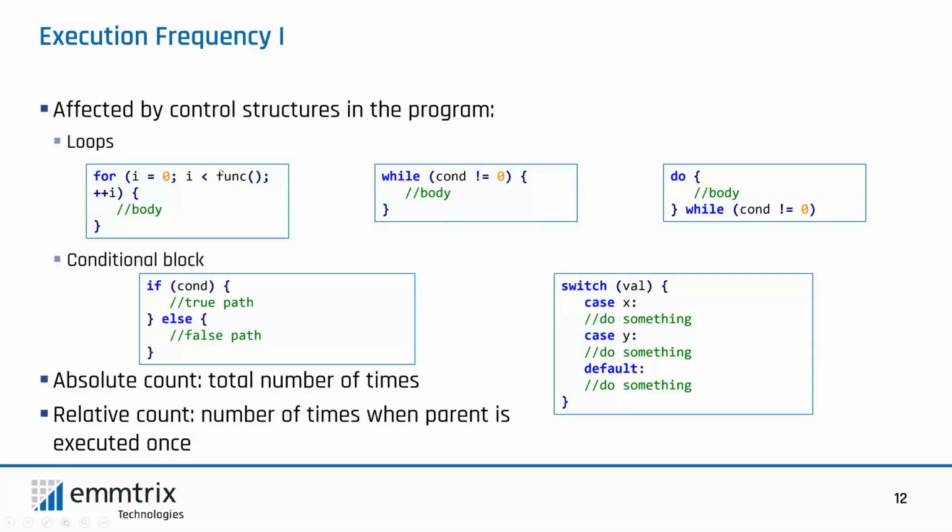So it could be 100, a relative number of 100. This is just to give us a feeling of how important or how big the actual loop is. So the relative count is what is relevant here. Usually the absolute count can then be calculated from the relative counts that are extracted.